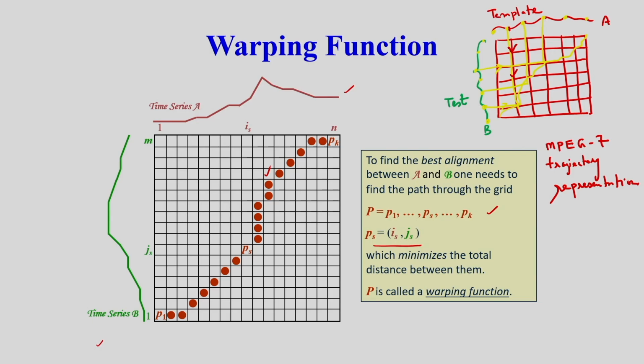And after this we can determine the static features like length between the key points, or the orientations, or the dynamic features like velocity, acceleration, and based on this I can recognize a particular gesture. So this is one example of how to recognize a particular gesture. So we have been discussing the warping function, and in the next slide also I will explain the concept of the warping function.